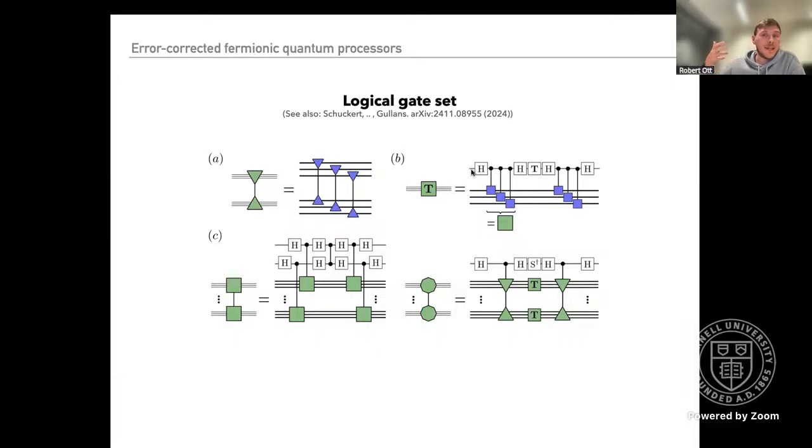You can just take a qubit T state and inject it into your system in the usual way, or you just realize this T gate on a qubit quantum computer and then swap it into your system like that. And the same thing, of course, you can do with density interaction gates.